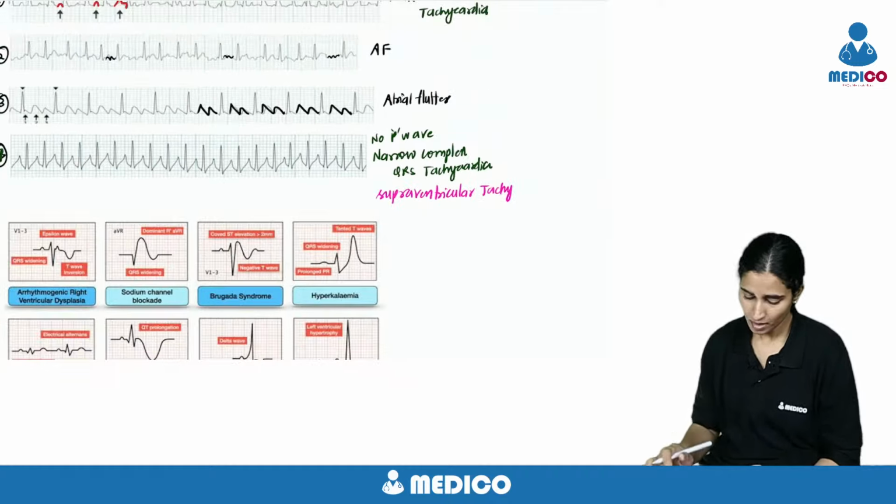So this is normal. What will happen in right atrial enlargement? In right atrial enlargement, there are tall peaked P waves. And in the biphasic part, the positive part is the right atrium and the negative part is the left atrium, so the positive part will increase.